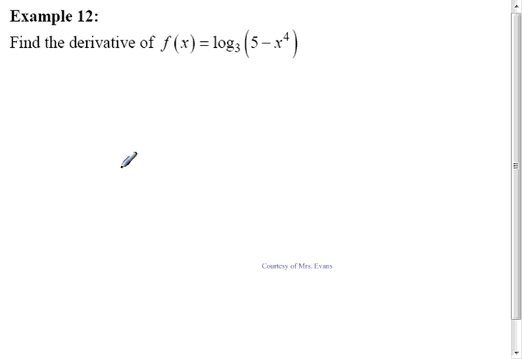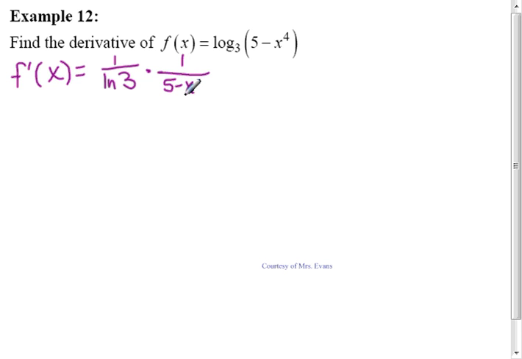Alright, so here's an example of that. We're going to find the derivative, so we're going to do f prime of x equals 1 over the ln of the base times 1 over the inside function.